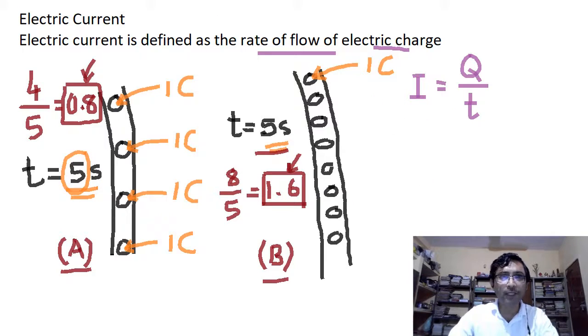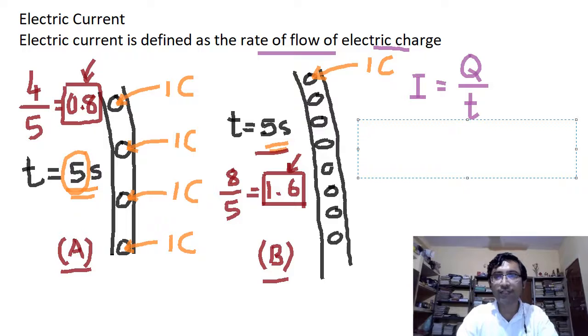We have a special name for the SI unit of electric current. The SI unit of electric current is ampere.